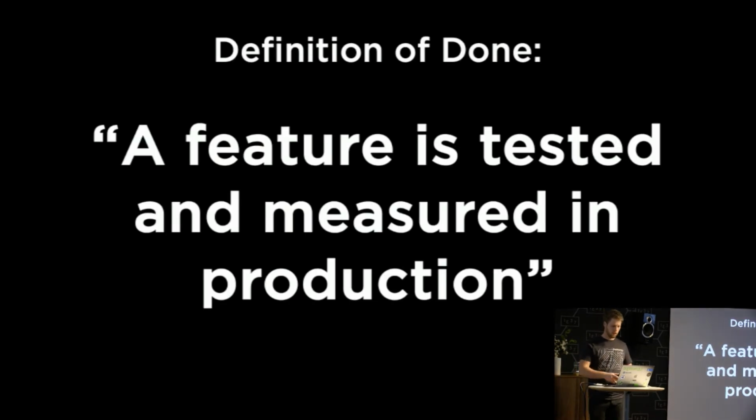But even if we had a good process for quality assurance, it's hard to know how applications will behave when they are used by real users. So I would say a definition of done is when a feature is tested and measured in production. That means that you need to build your application to have good analytics.